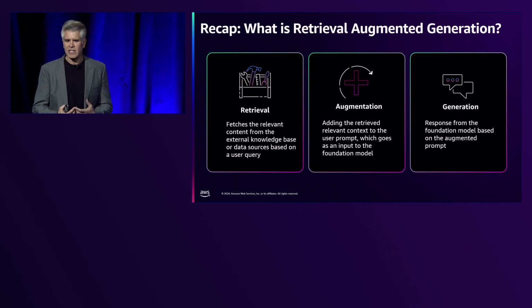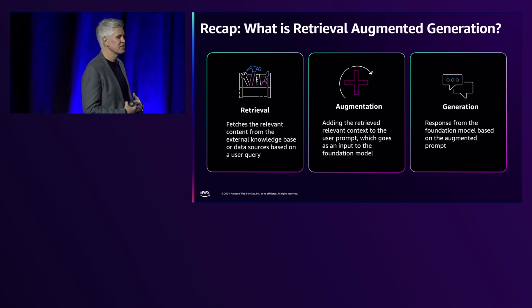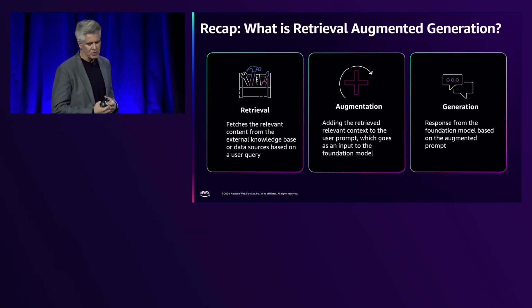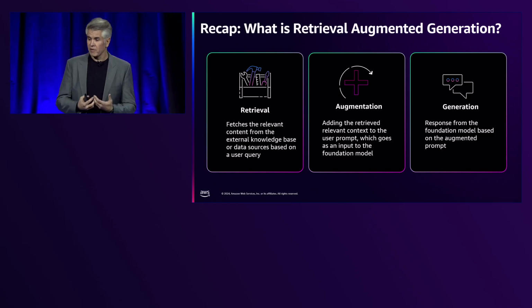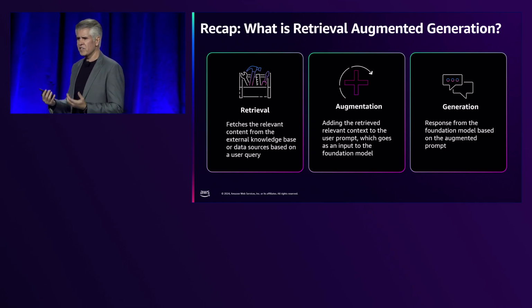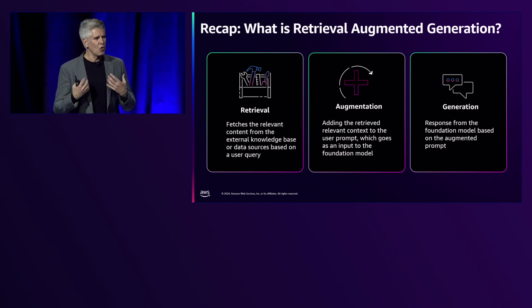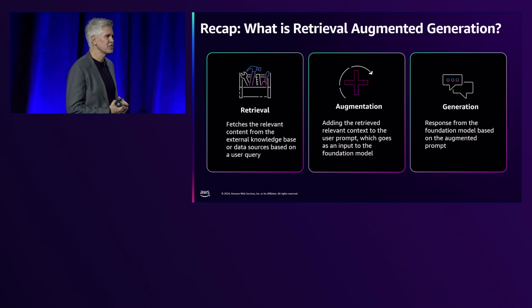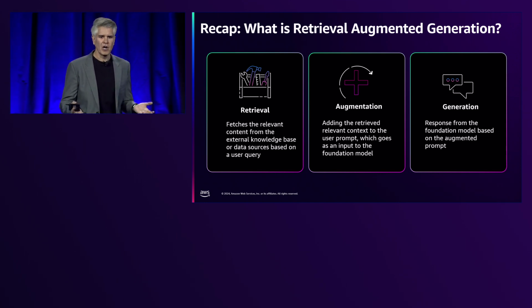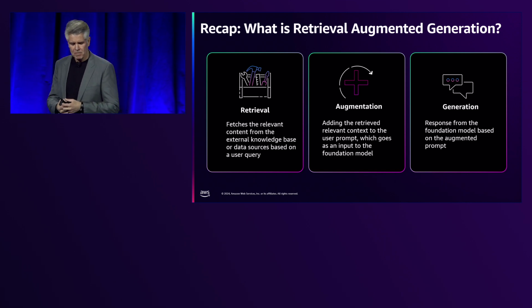Doesn't have to be generated text. As you saw today, there's plenty of multimodal models out there that could be generating something different. But in this case, most of the use cases today in customer experience or personalized search and things of that nature are done with text, right?